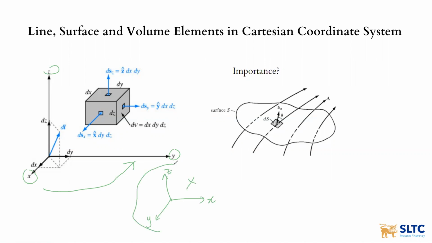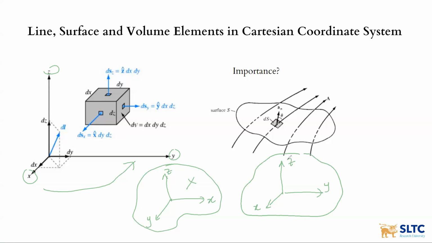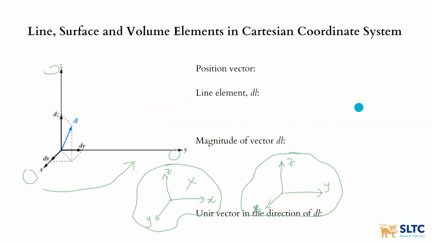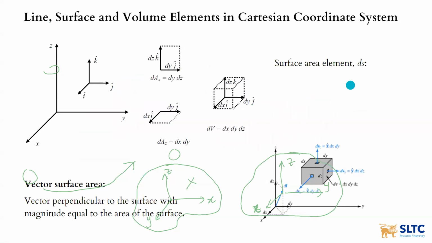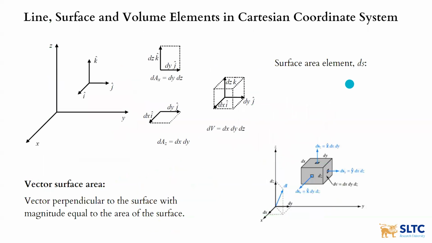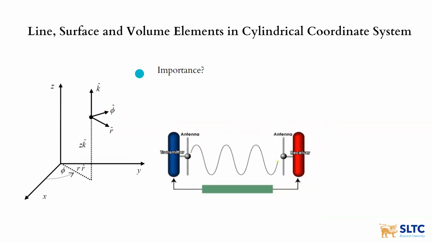What I'm saying is that we don't say x is in this direction, y is in this direction, z is in this one; that is wrong. This is not the correct notation in physics and in electromagnetism, right? We always have to use x in this direction, y in this direction, and z in this direction only. So we will follow this standard all throughout our lesson. We will always represent the x axis like this, the y axis like this, and the z axis perpendicular to both x and y. That is a convention, right?